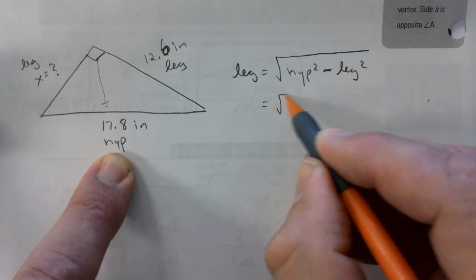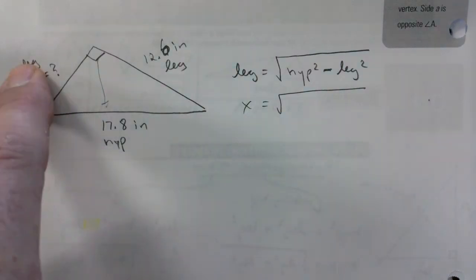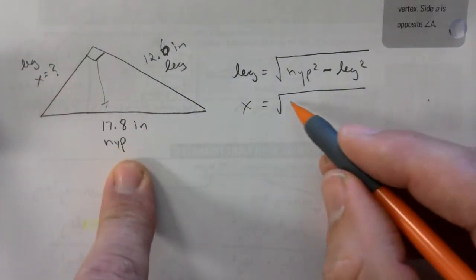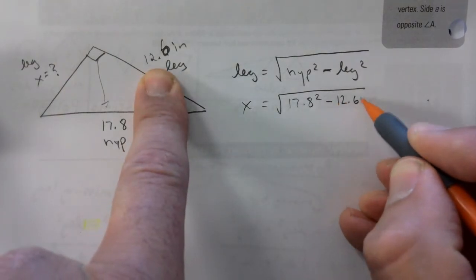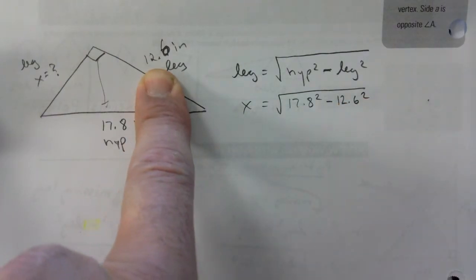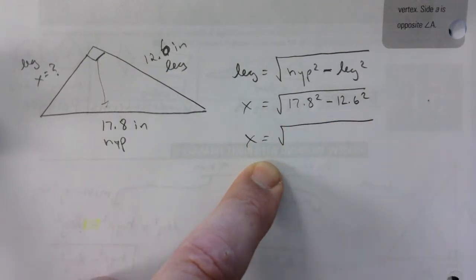And so x, which happens to be the letter associated with my leg, is the square root of 17.8 squared minus 12.6 squared.